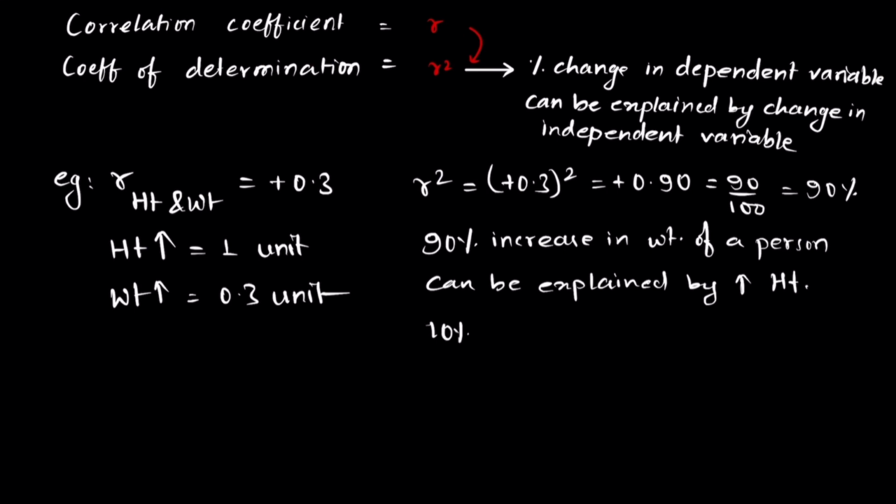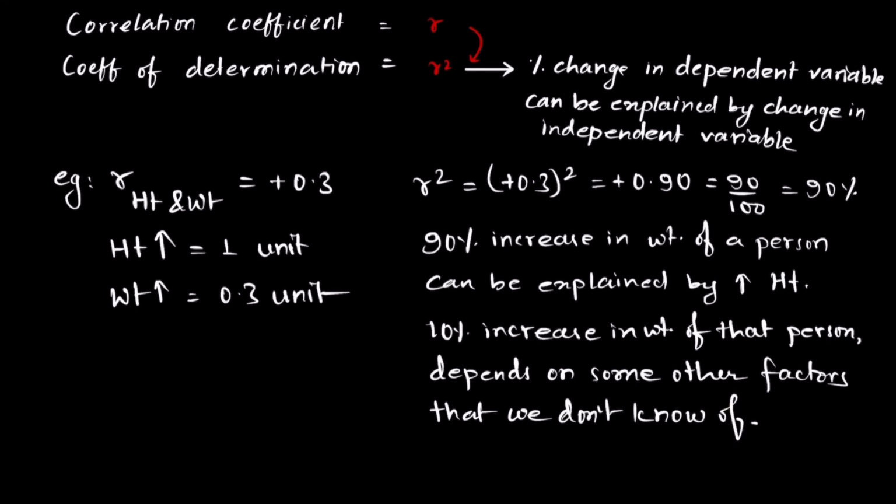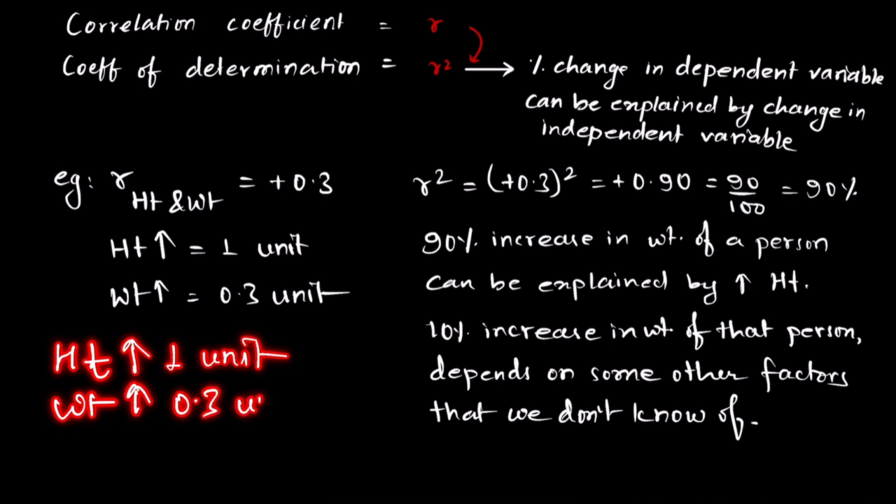The remaining 10% increase in weight of that person depends on some other factors that we don't know of. So when the height of the person increases by 1 unit, the weight of the person increases by 0.3 unit.